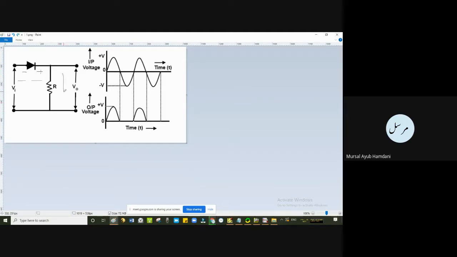So you see that during this part we don't have any output. Similarly, again for the positive half cycle, the positive half cycle results will come out.